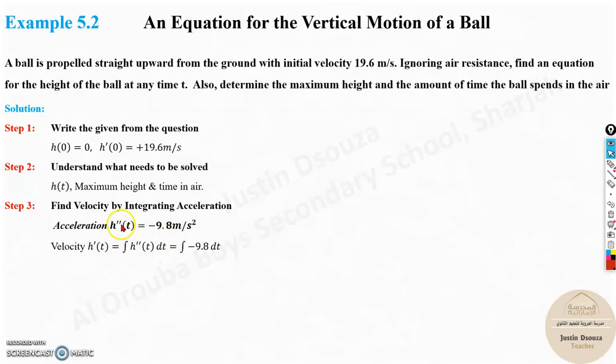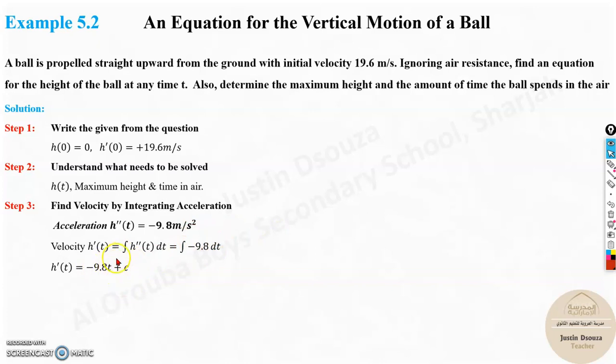So h double dash of t means acceleration. Integrate this, you'll get velocity, h dash of t. That is the integral of minus 9.8 dt. That will be minus 9.8 t, because it's a constant, so t will be multiplied, plus c.